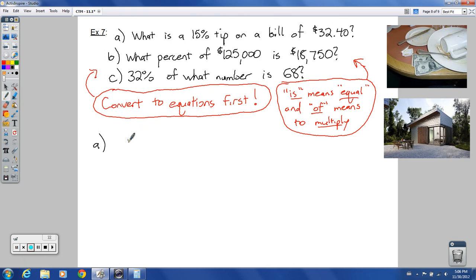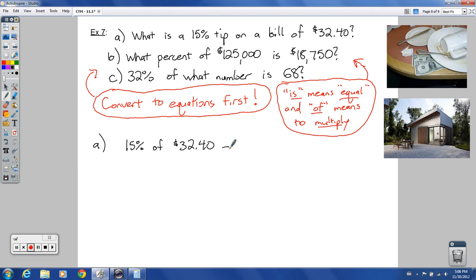But how can we figure this out from there? So literally, to ensure promptness, tip. How can we figure this out? What's going to be our variable here? We have a 15% tip. So 15% of $32.40. We're saying that is, instead of "is" I'm going to write equals right now.